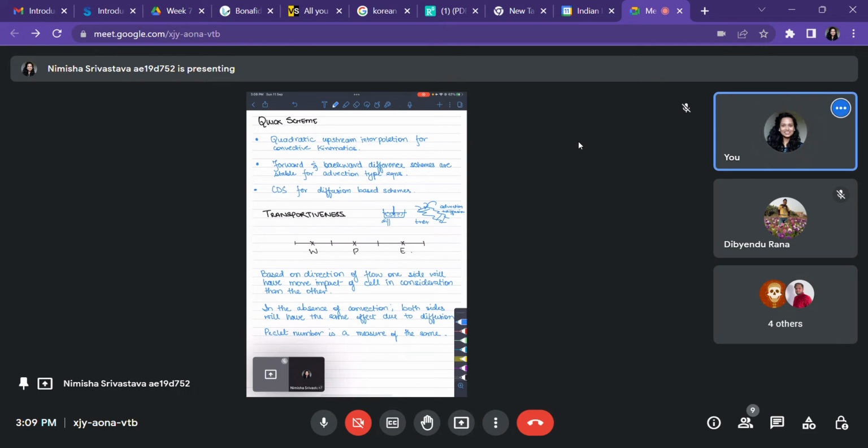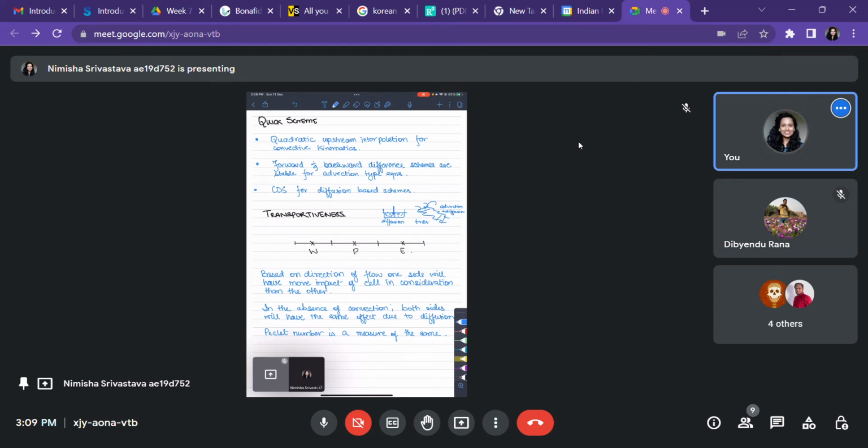This is building up to the definition of transportiveness, which is important for us to categorize the various schemes we have to solve the wave equation or advective equations. Transportiveness is based on the direction of flow.